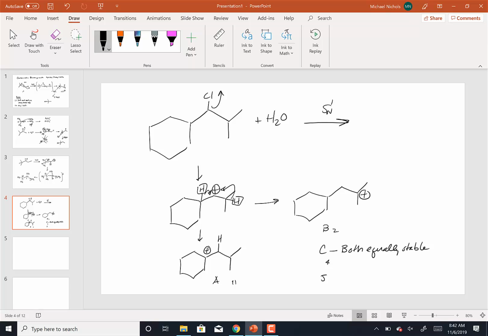And so if I get both A and B equally, I'm going to add water to that carbocation to give me that final product. And I'm going to add water to this carbocation to give me that final product.